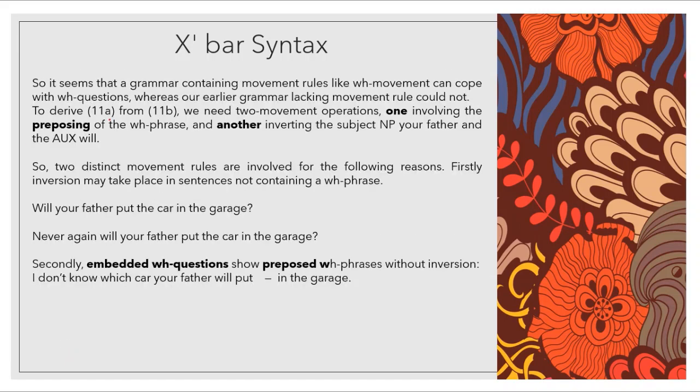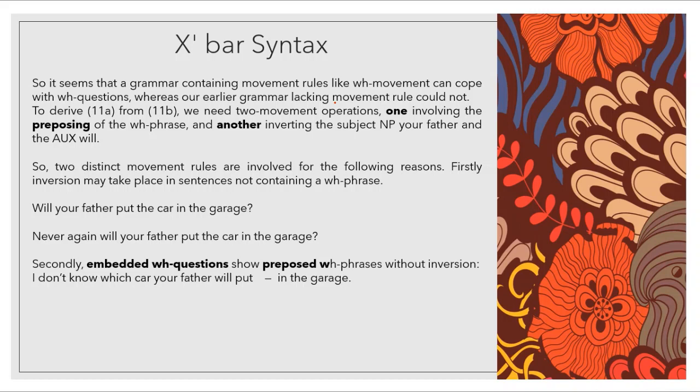So it seems that a grammar containing movement rules like WH movement can cope with WH questions, whereas our early grammar lacking movement rules could not. We could not use the earlier grammar to solve this problem because the early grammar has no movement rules.